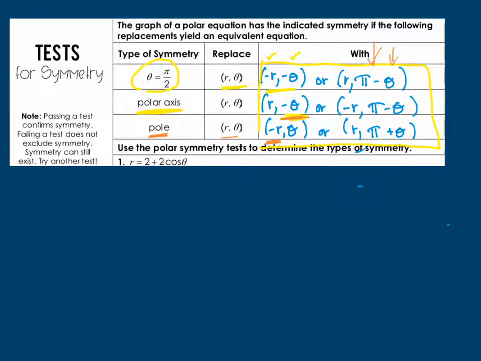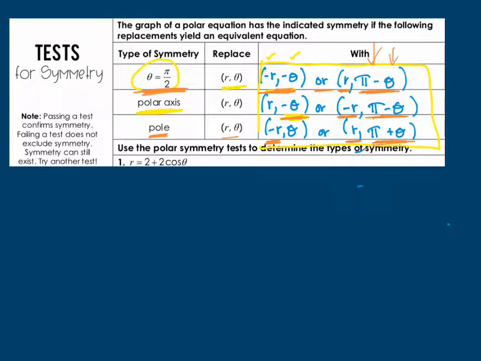So when you're testing for symmetry of theta equals pi over 2, you test for both negative r and negative theta, or you also have to do this test: keep r the same, and then change theta to pi minus theta. I'll show you when we start doing the problems what I mean. For the polar axis, you change r to negative r and still do pi minus theta. And for the third one, symmetric about the pole, you keep r and do pi plus theta.